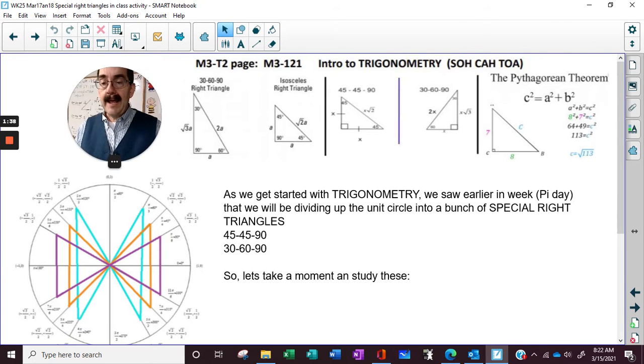On Pi Day, we handed out what's called a unit circle, and we took some time to draw 30, 60, 90s, 45, 45, 90, 60, 30, 90. It's full of all these special right triangles. We need to spend some time to study and see what this is all about.